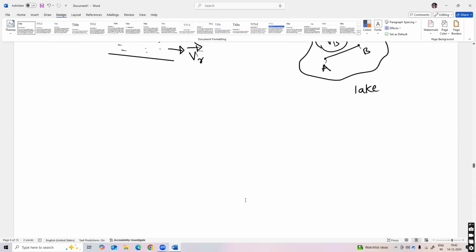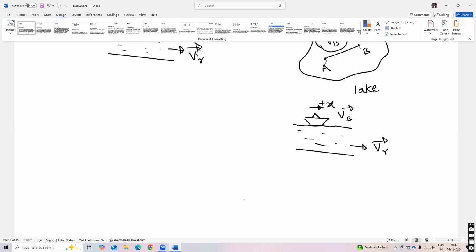Whereas if you see one case, the river is flowing in positive x direction, and the boat is also moving in positive x direction. The velocity of the boat is vb, and the velocity of the river is vr.